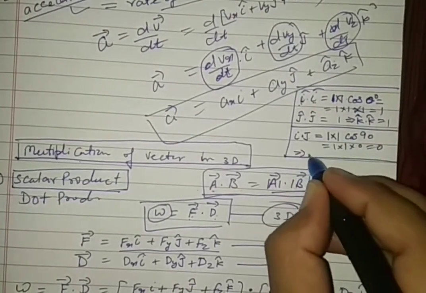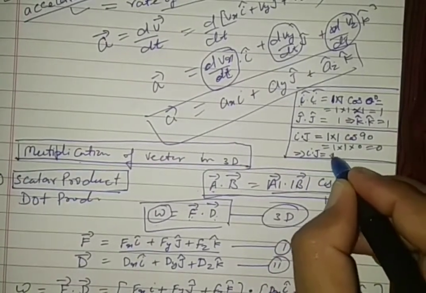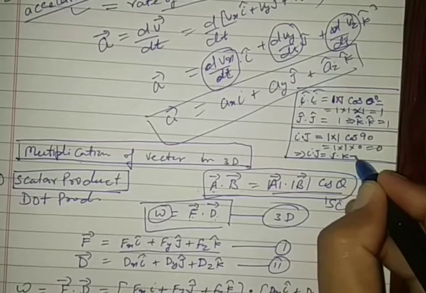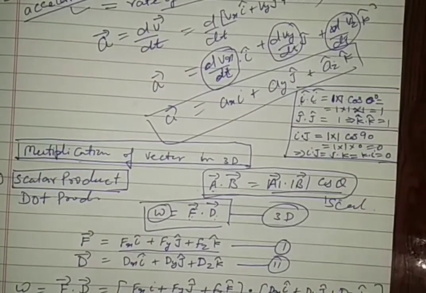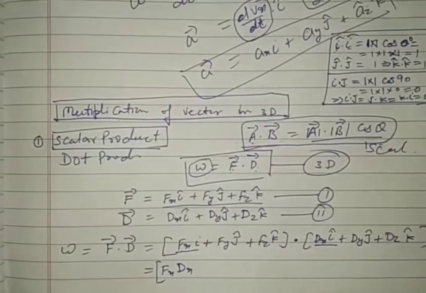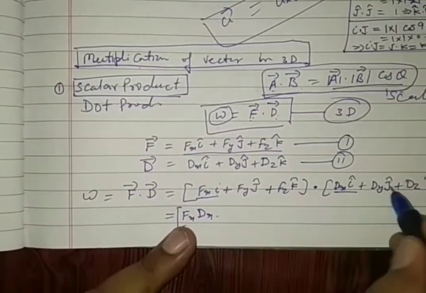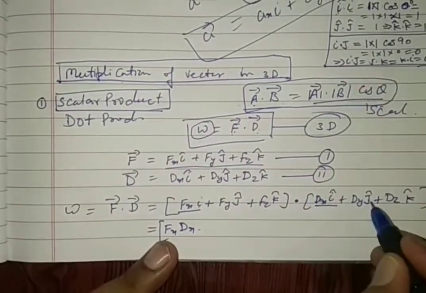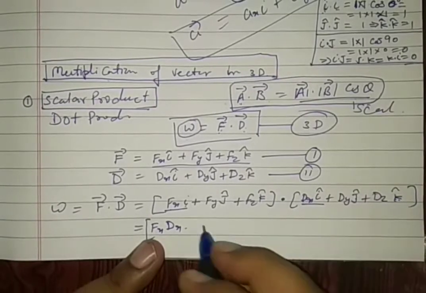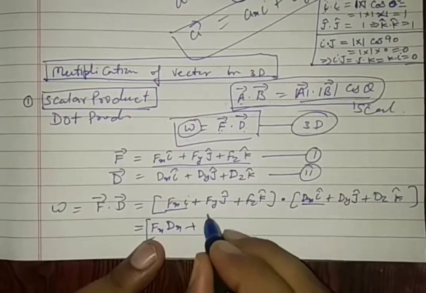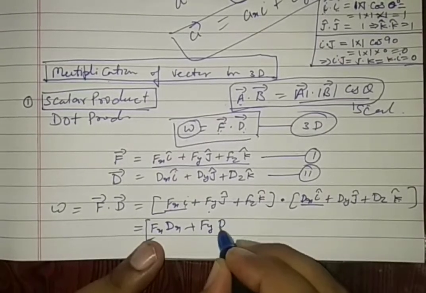By symmetry, j dot k is equal to k dot i is equal to 0. So see carefully, when i is multiplied by i it is 1, i dot j is 0, i dot k is 0.